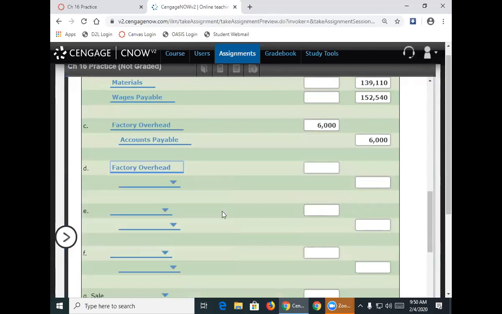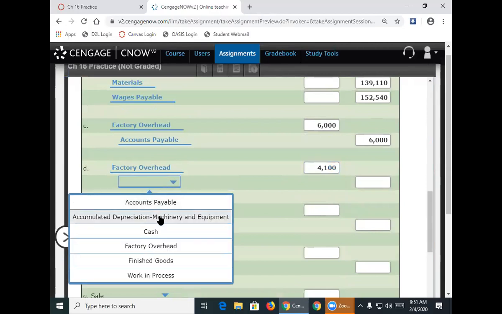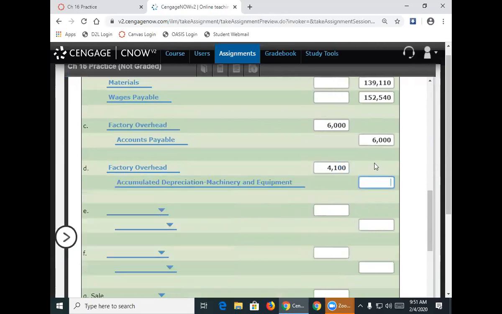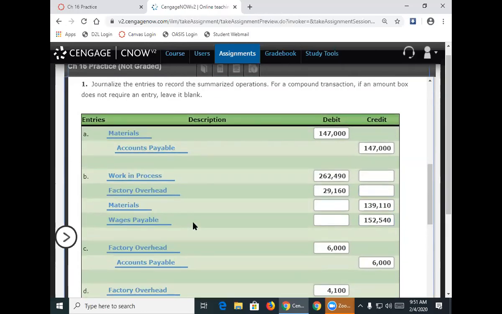So factory overhead gets debited 4,100, and we credit accumulated depreciation, machinery and equipment. That takes us back to when we did depreciation in college accounting and financial accounting. So all actual charges, when they're known charges at the end of the month, get charged as a debit to factory overhead.